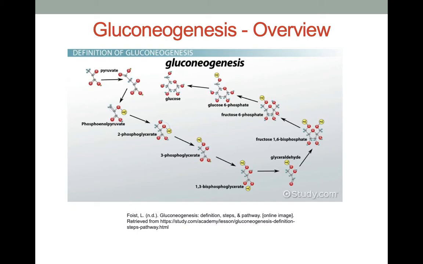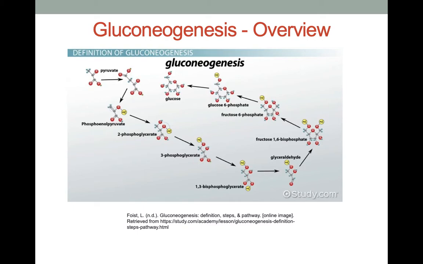So between meals, while we're sleeping, once our glucose stores have been depleted, we have to find a way to release glucose to the bloodstream again so it can provide that constant energy source that we need. So gluconeogenesis helps with that process.